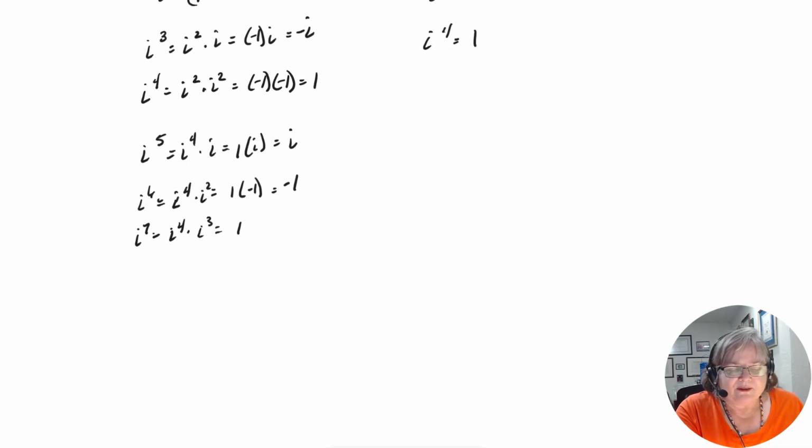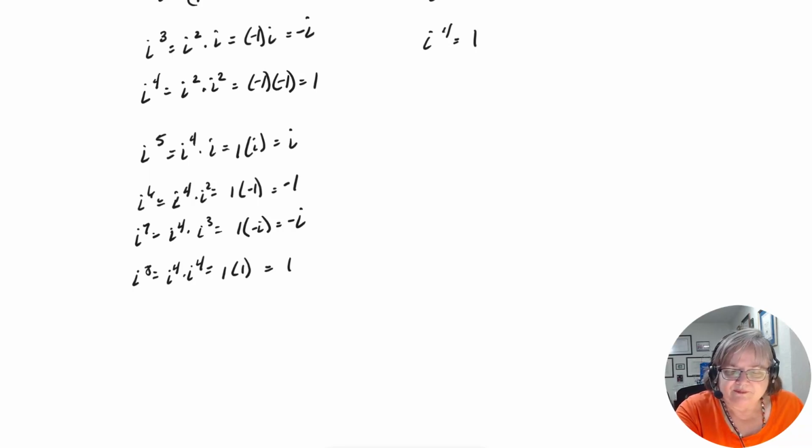So it's 1. i cubed is negative i. i to the eighth is i to the fourth times i to the fourth, which is 1 times 1, which is 1.